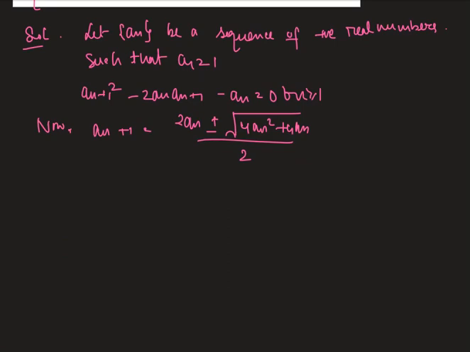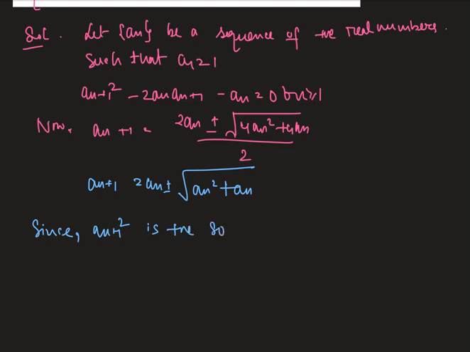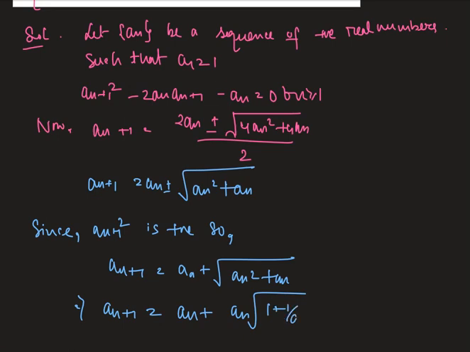This reduces to a_{n+1} is equal to a_n plus minus root over a_n square plus a_n, and since a_{n+1} is positive, a_{n+1} only takes the positive value, that is a_n plus root over a_n square plus a_n. From this we can write a_{n+1} is equal to a_n plus a_n root over 1 plus 1 by a_n.